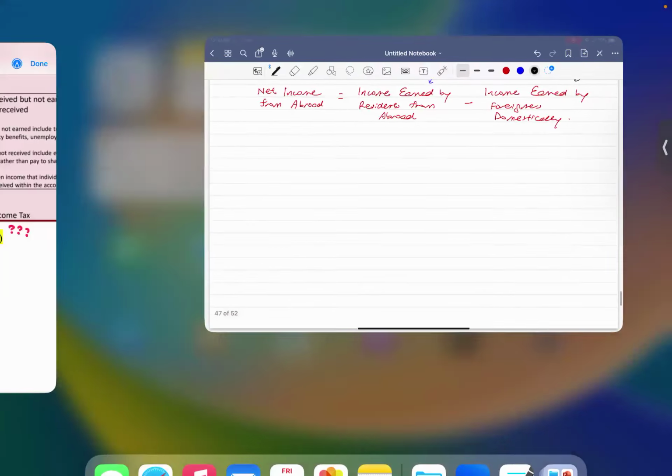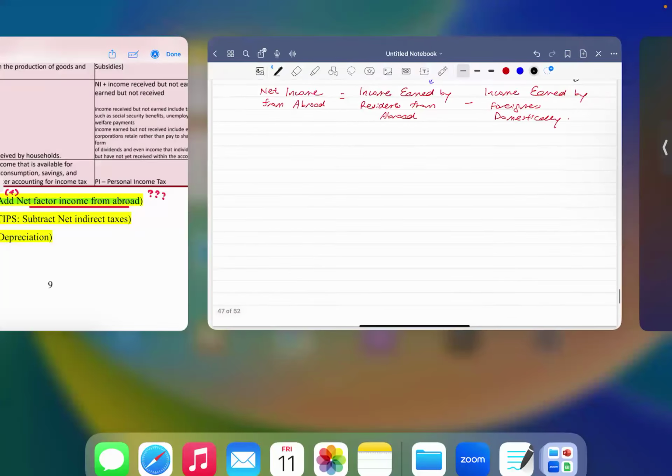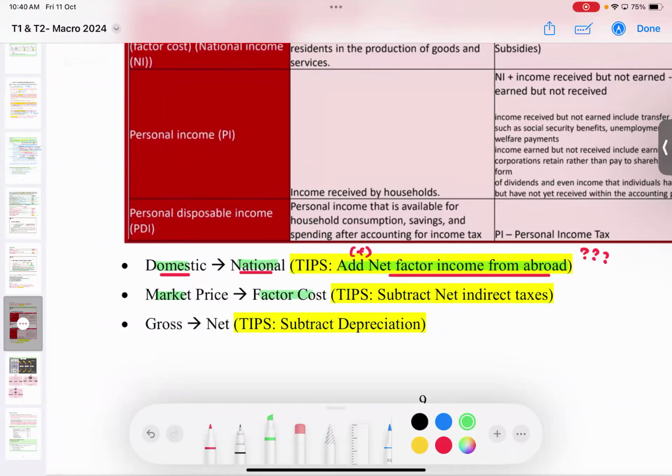Now moving on to the next one. If I change from market price to factor cost: market price is based on the prices in the market right now, and it usually includes taxes and subsidies.